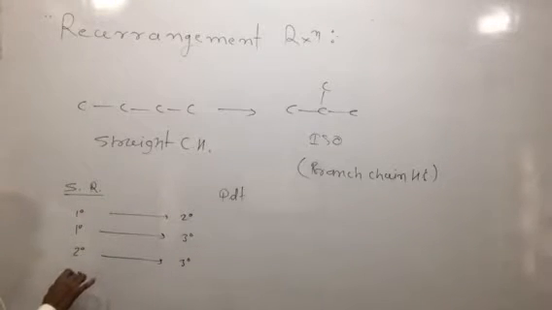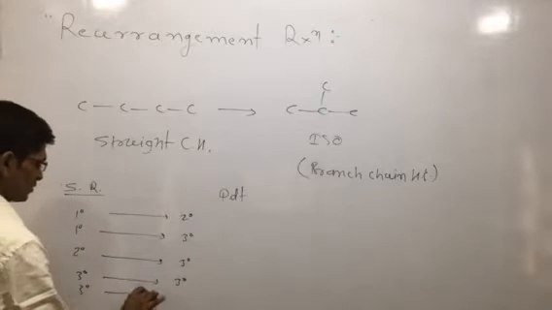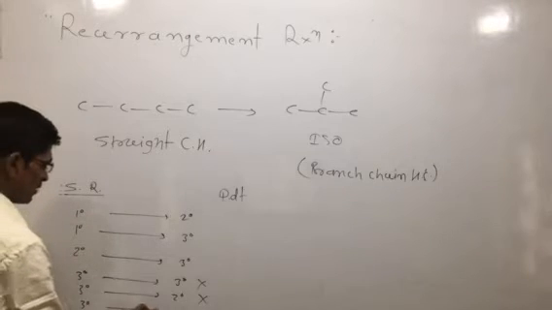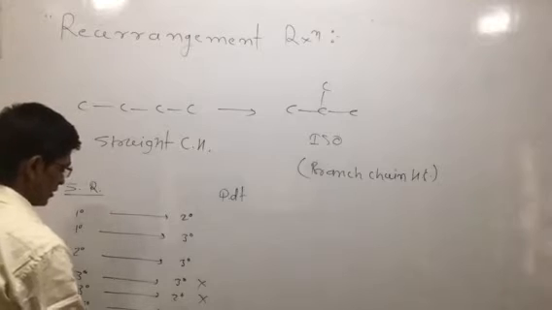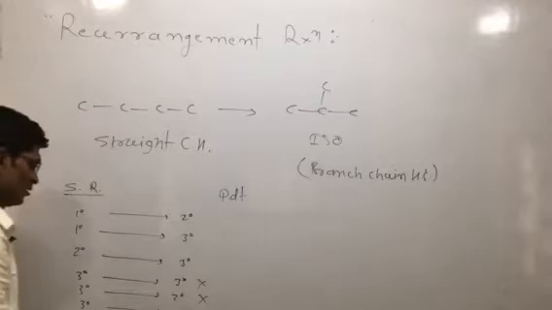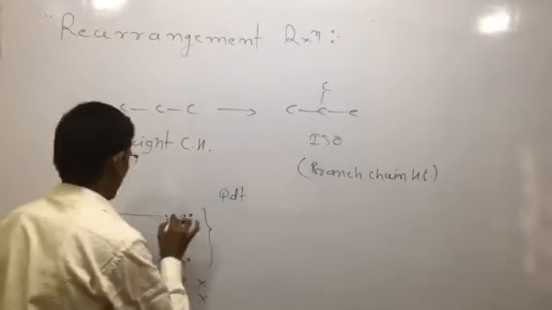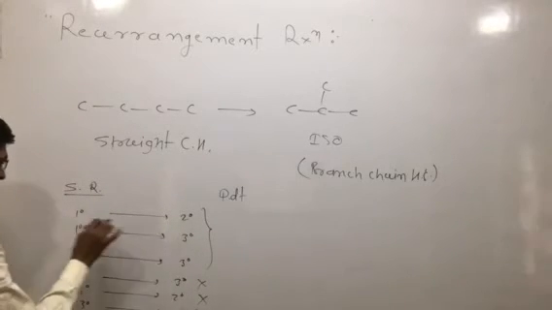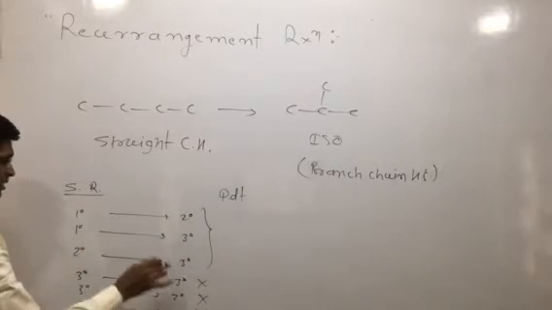So not tertiary to tertiary, not tertiary to secondary, not tertiary to primary, not secondary to secondary, and not primary to primary. The aim is primary to secondary, or secondary to tertiary.